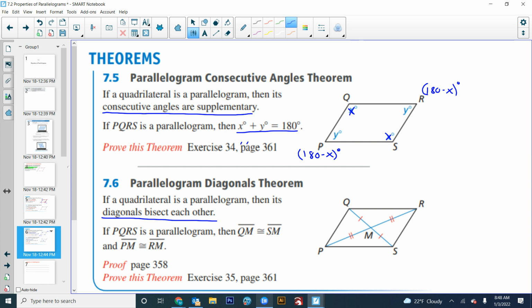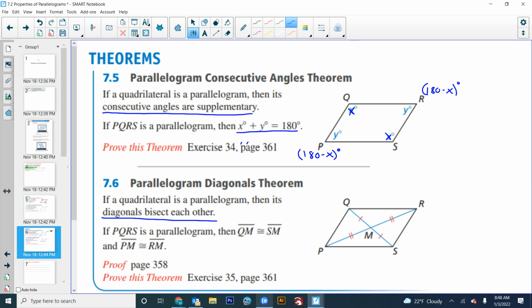Now, what does it mean to bisect each other? Well, diagonals are segments. When segments bisect segments, they create a pair of congruent segments, right? If I say this segment bisects this segment, I have one pair of congruent segments. If they bisect each other, this one cuts this one in half, and this one cuts this one in half, these are congruent.